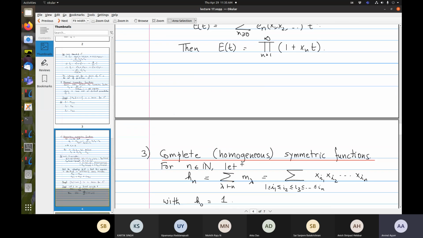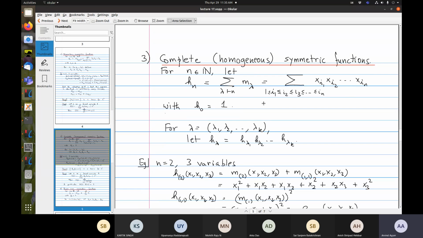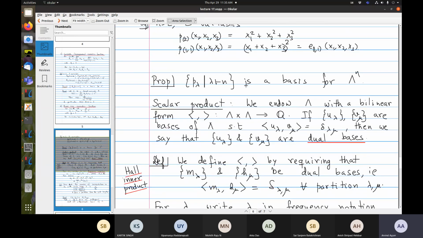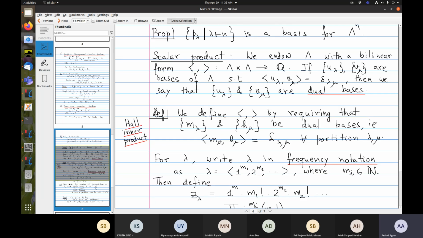So I described those, and then I talked about the complete symmetric functions, and then the power sum symmetric functions, and I added two structures to this space. One is the natural scalar product, although what is natural here may not be obvious, in the sense that this notion of a scalar product comes from other considerations which I'm not describing.